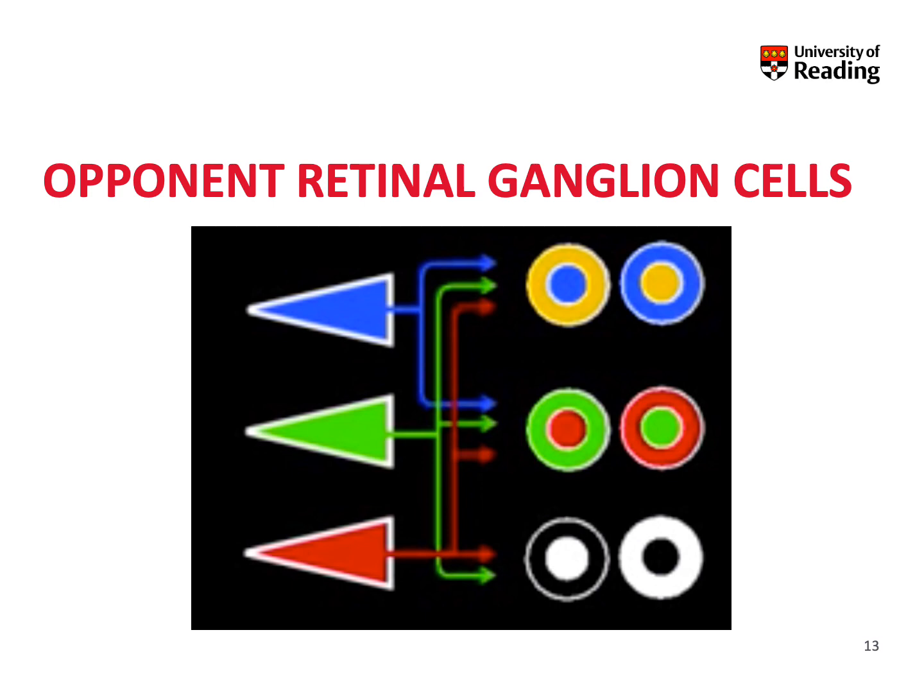Now, in the colour opponent processing system, the first stage of opponency happens at the level of the retinal ganglion cells. There is a second stage of opponency that we'll talk about later in the brain, but the first opponent process is instantiated in retinal ganglion cells.